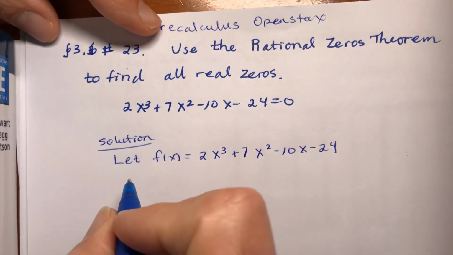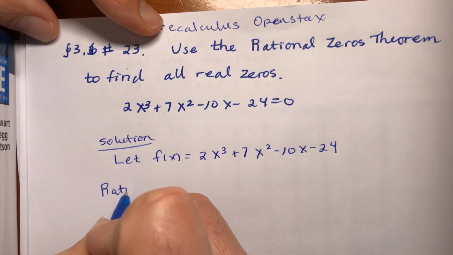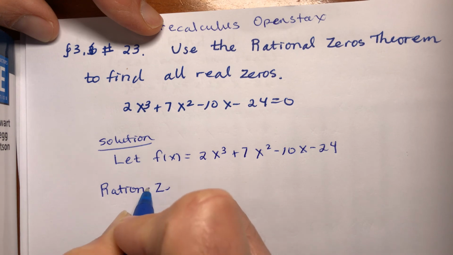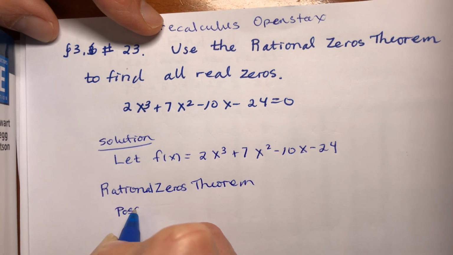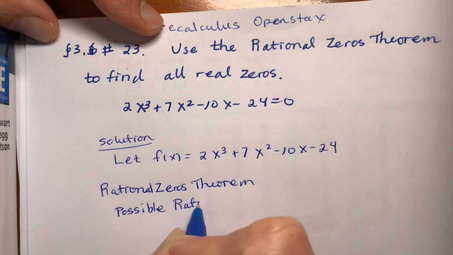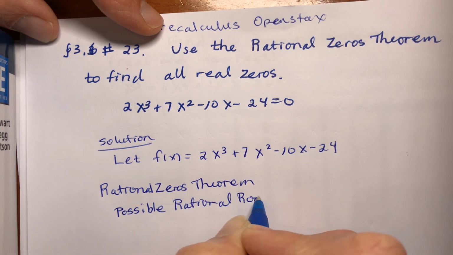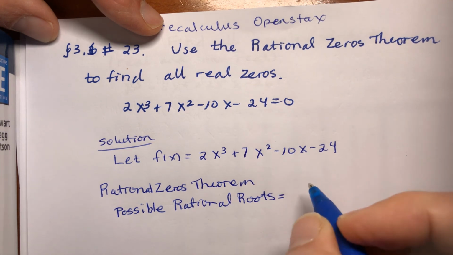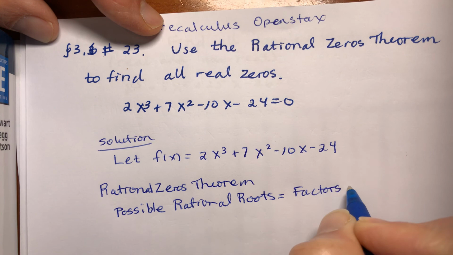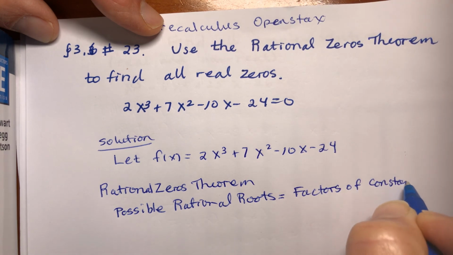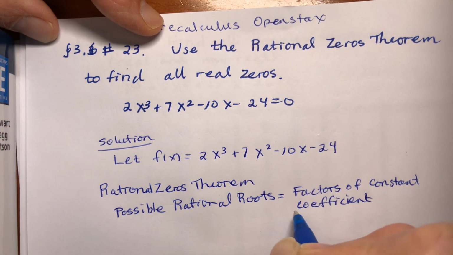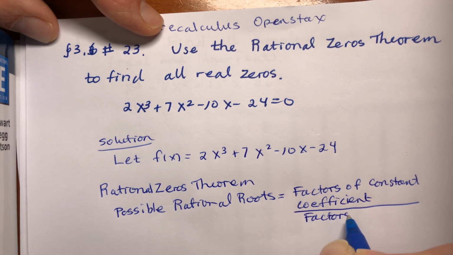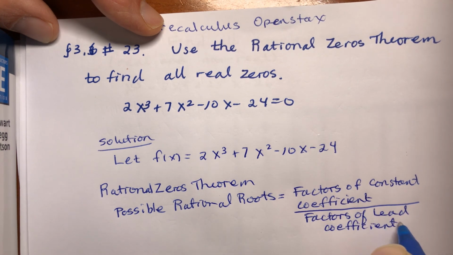But we're going to use the rational roots theorem, or rational zeros theorem, which says that possible rational roots are going to equal the factors of the constant coefficient divided by the factors of the lead coefficient, up to plus or minus.